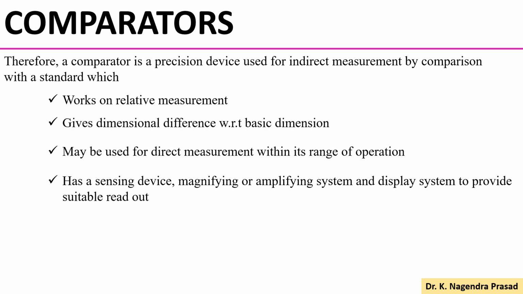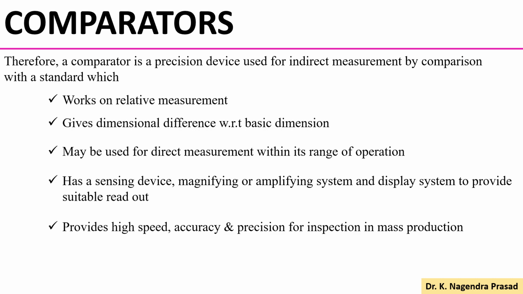So comparators have three systems: the sensing device system, the magnification or amplifying system and the display system. Comparators provide high speed, accuracy and precision for inspection in mass production. Comparators are especially used in mass production and are used for linear measurements.